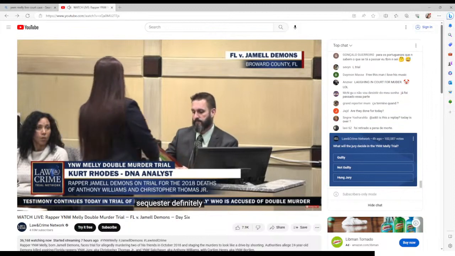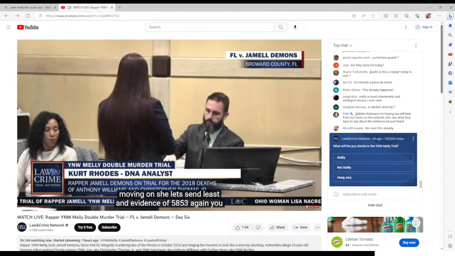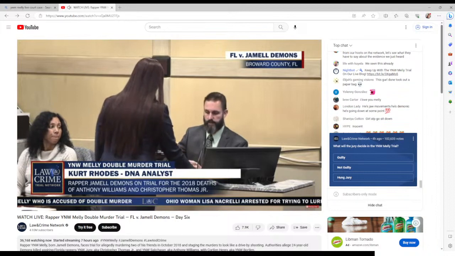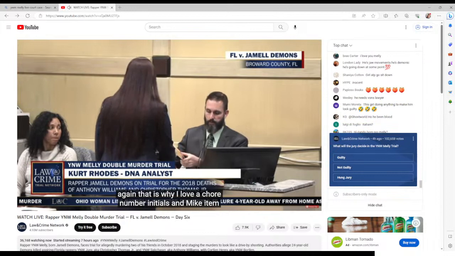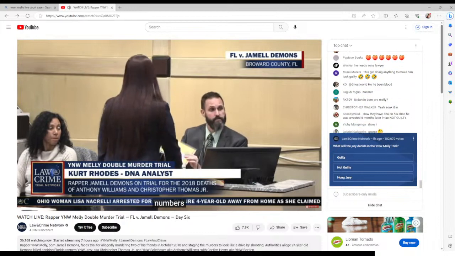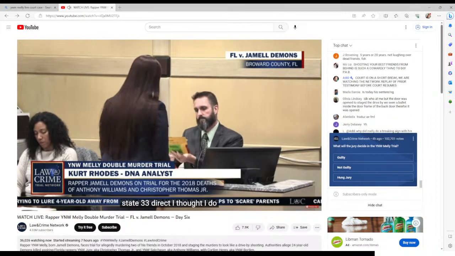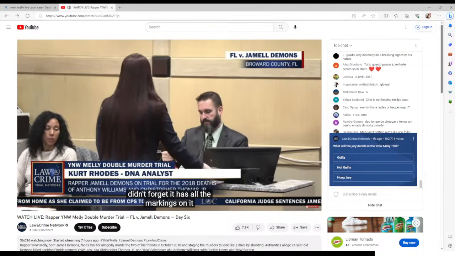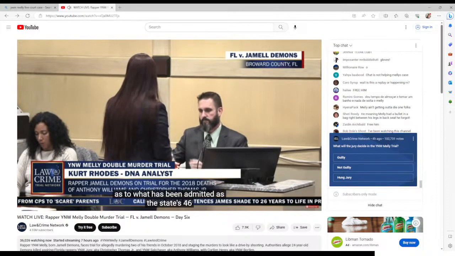Okay. Moving on to what's been placed into evidence as State 53. Again, do you recognize that item? I do. Again, it has my laboratory number, my initials, and my item numbers marked on it. What's been previously admitted into evidence as State 33. Do you recognize that item? I do. Again, it has all my markings on it. Okay, as to what has been admitted as State 46.